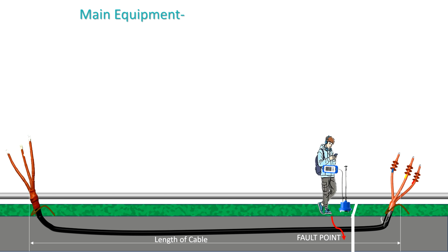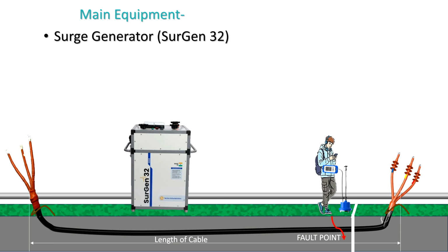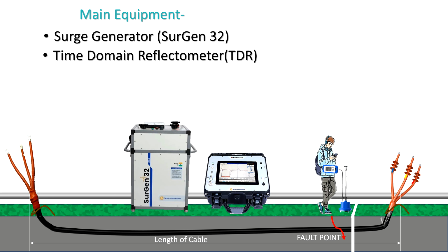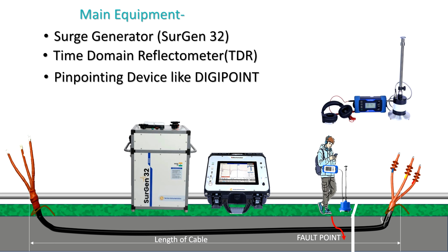The main equipment used to locate the fault point are the surge generator, Surgeon 32, the time domain reflectometer TDR, and a pinpointing device like DigiPoint, all made by Techno Instrumentation.